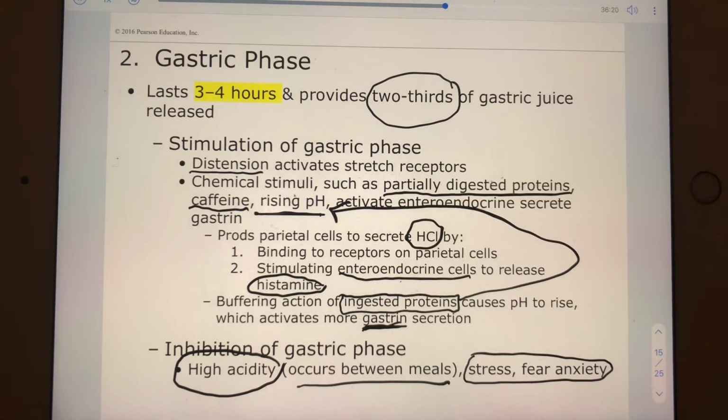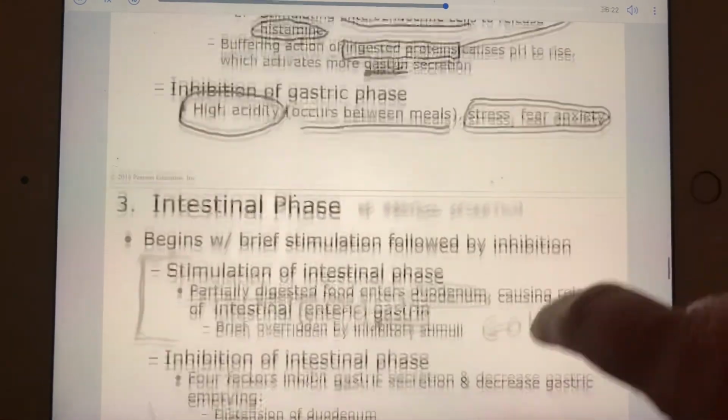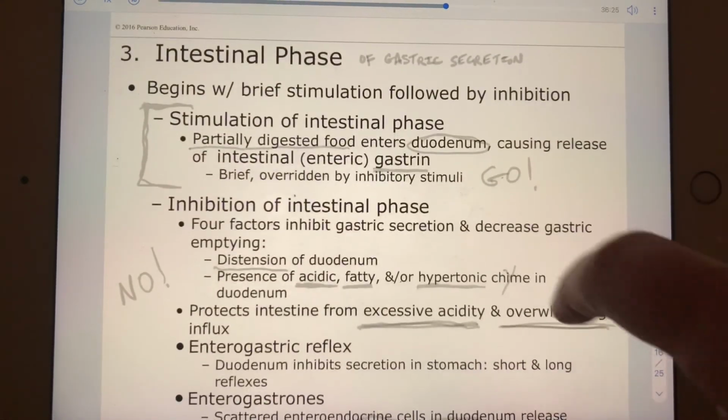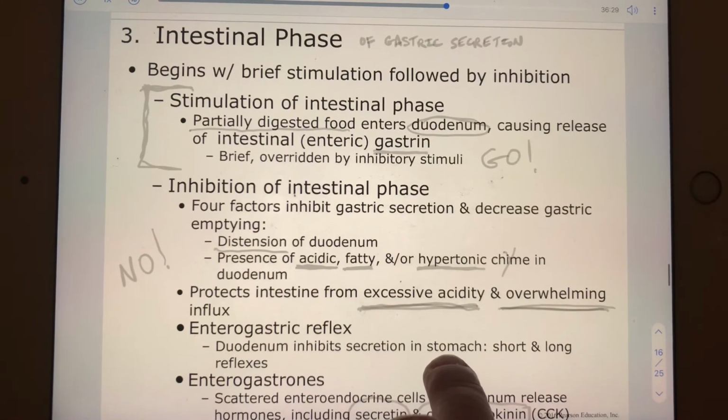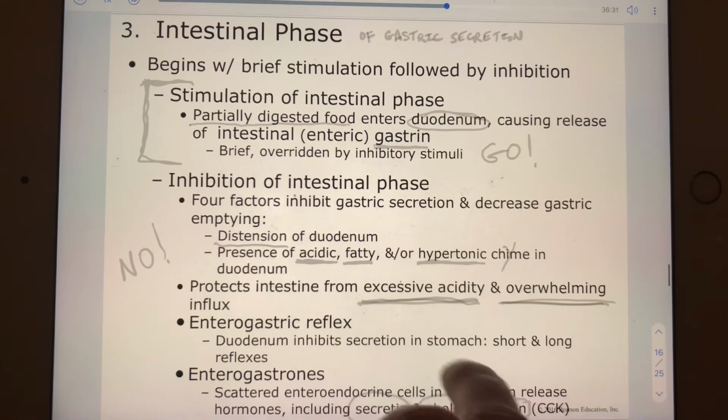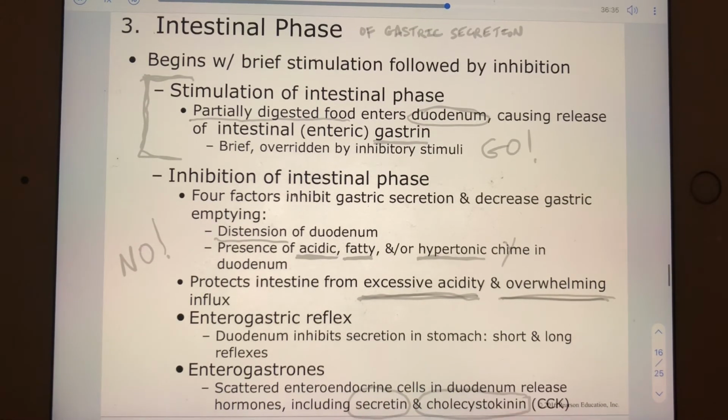Moving on to slide 17, the intestinal phase is arguably a poorly named phase. So this is a phase of gastric secretion. Let's put that on the slide. Even though it's called the intestinal phase, what are we addressing here?